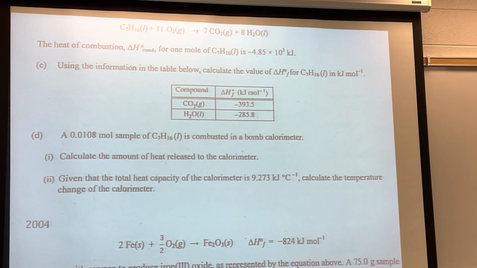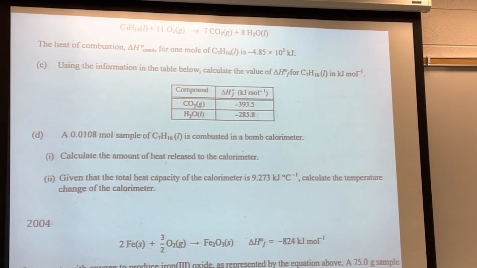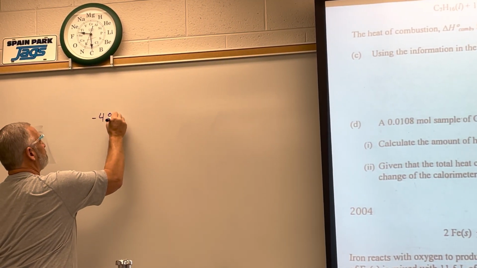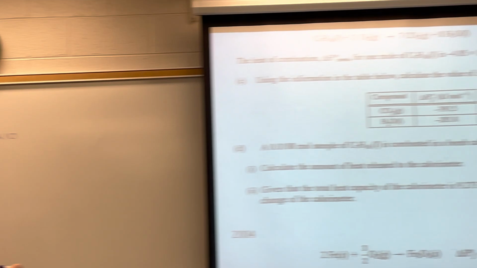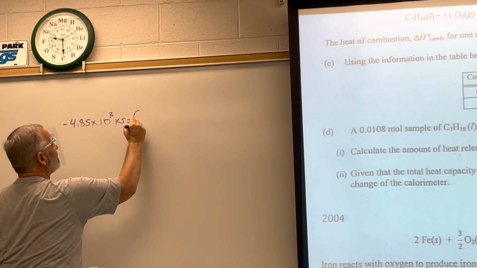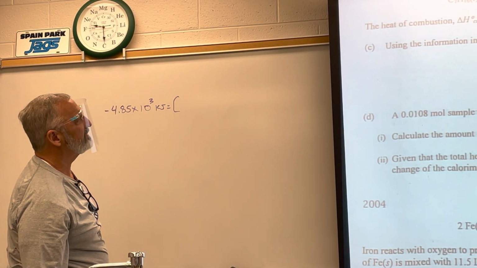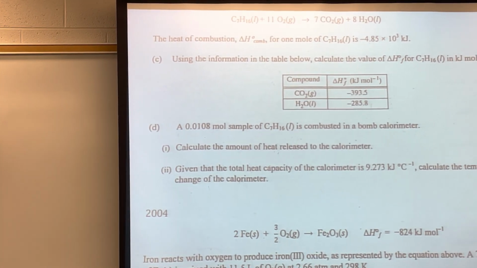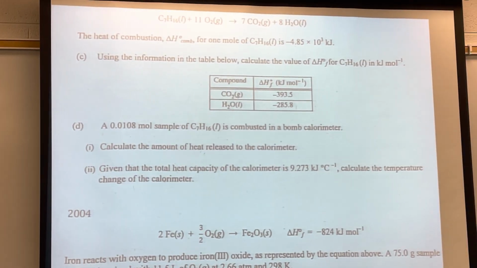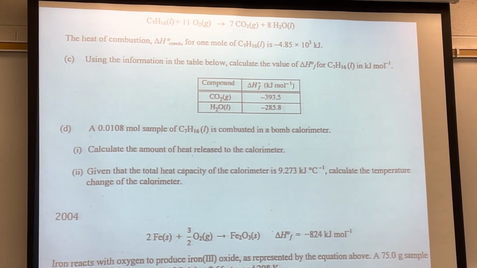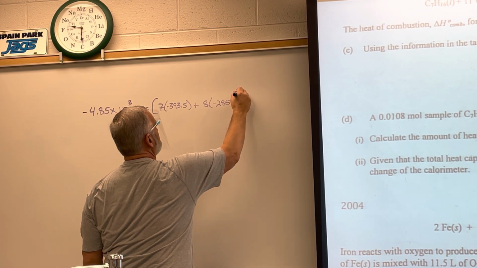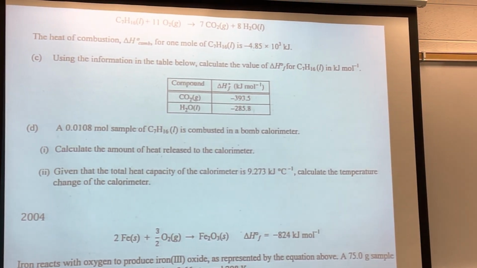Delta H of the reaction is negative 4.85 times 10 to the third kilojoules, which is equal to products minus reactants. 7 times CO2, 7 times negative 393.5, plus 8 times negative 285.8, minus X plus 0.